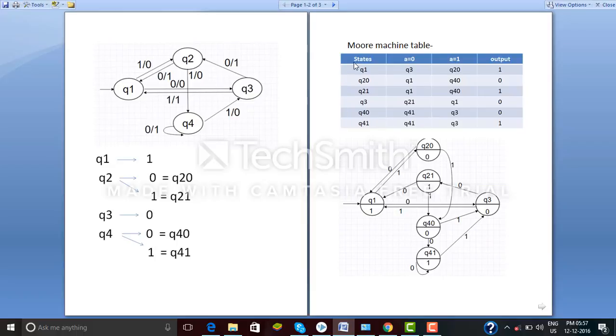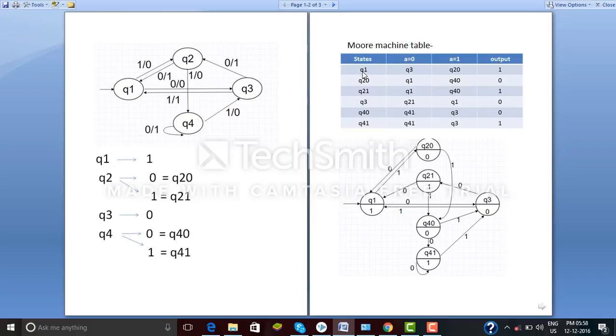In this way, we make the Moore machine table, and by considering this table, we can draw a Moore machine. As we know, these states are drawn in circles with their outputs.